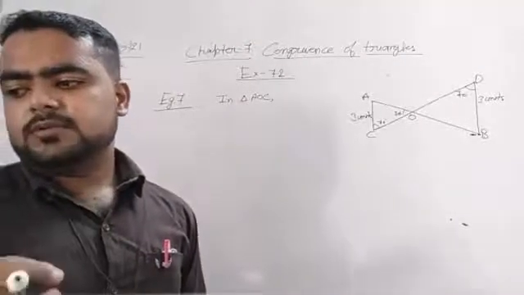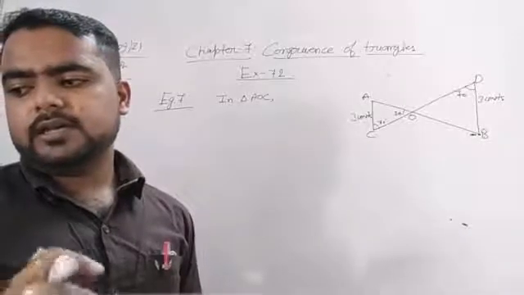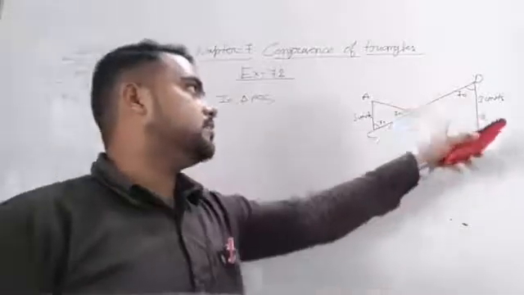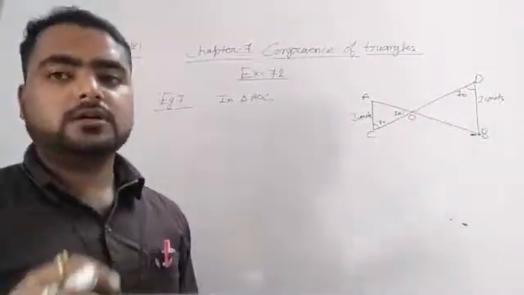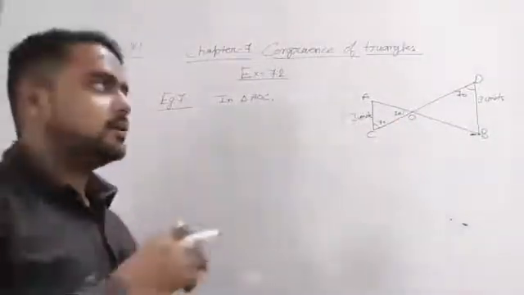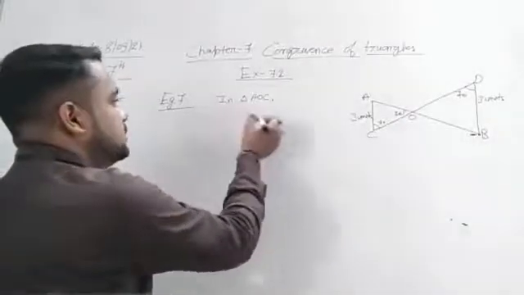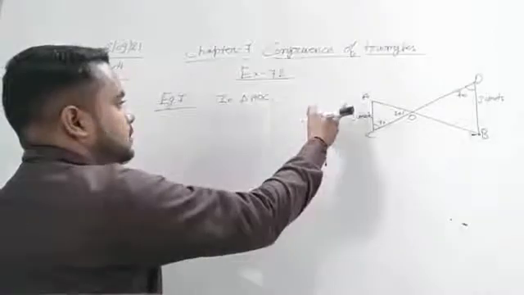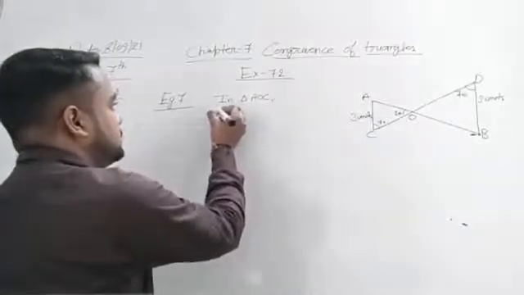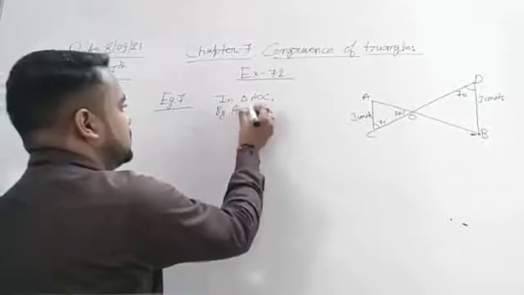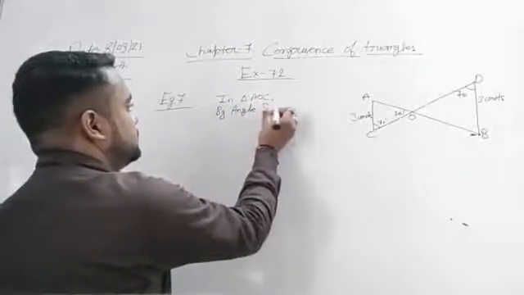We have to satisfy the angle side angle congruency rule, by which these two triangles, triangle AOC and triangle BOD, are congruent to each other. For that, in triangle AOC we can find all three angles by the angle sum property.